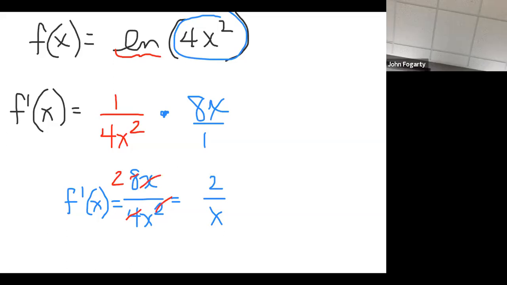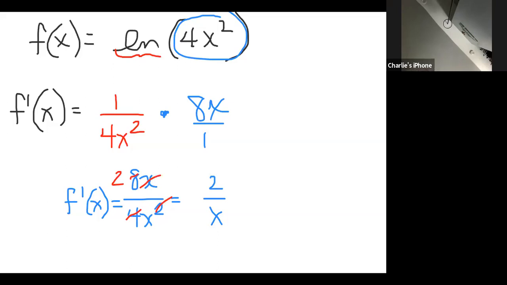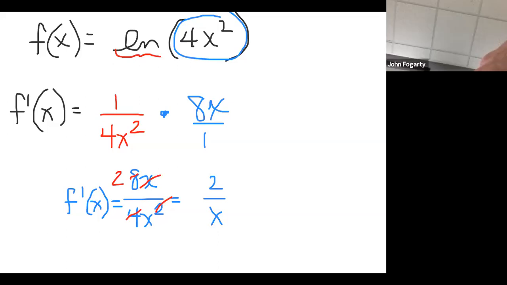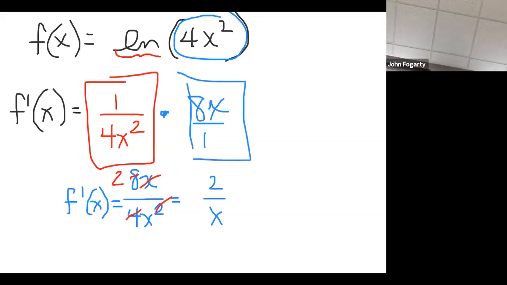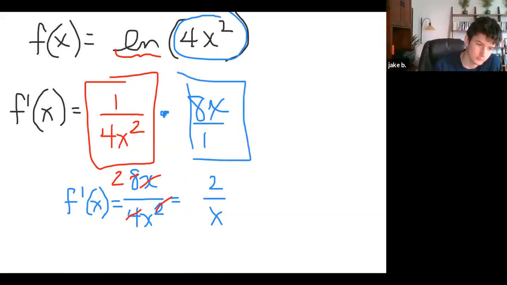Does everybody understand this part right here? The derivative of the outer times the derivative of the inner. Yes or no? Yes, sir.